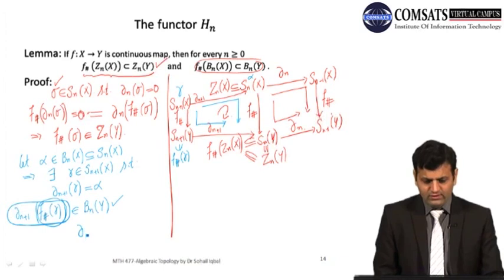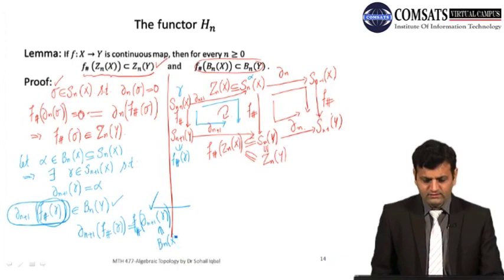But then, according to the commutativity of the diagram, this thing is equal to first taking the boundary, so f n plus 1 of gamma, and then calculating the image under f hash. So this is an element of Bn of x, and when I apply f hash on this, I have seen that this is an element of Bn of y.